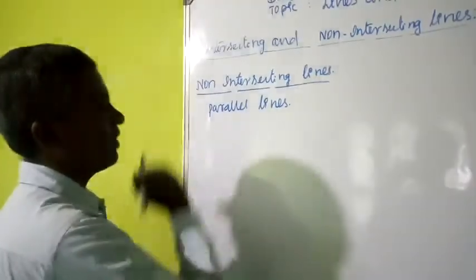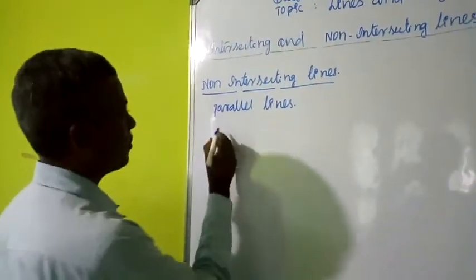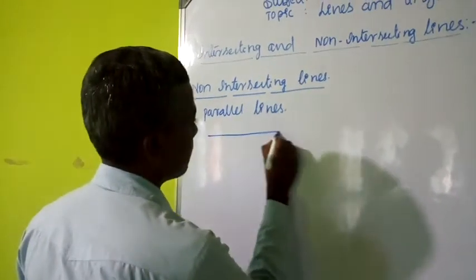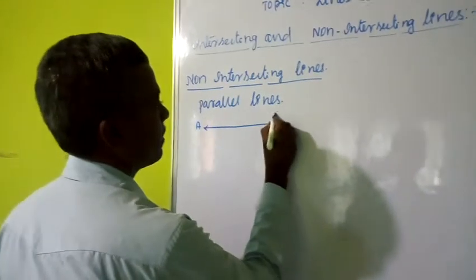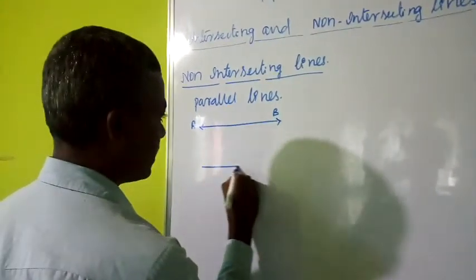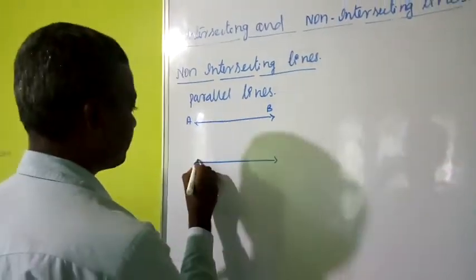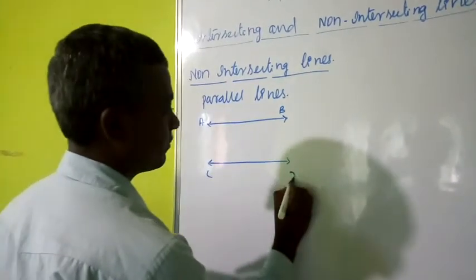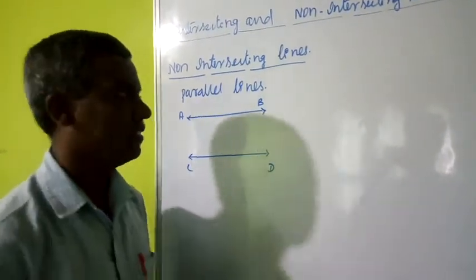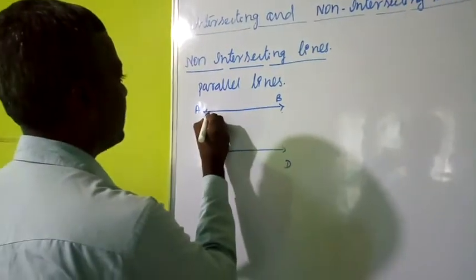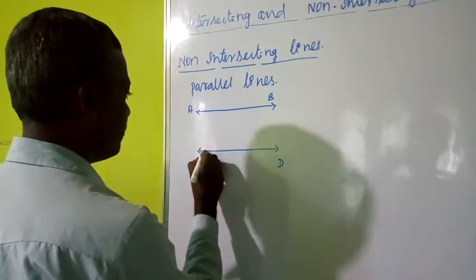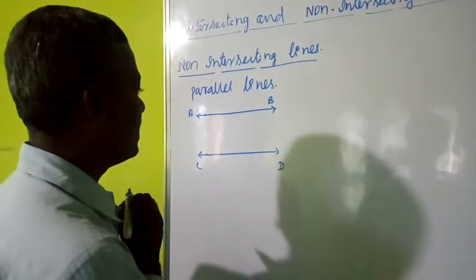So one more definition for this. Here, if you take two lines, this is AB and CD. These are two parallel lines. Here you should take a point which is exactly perpendicular to CD.